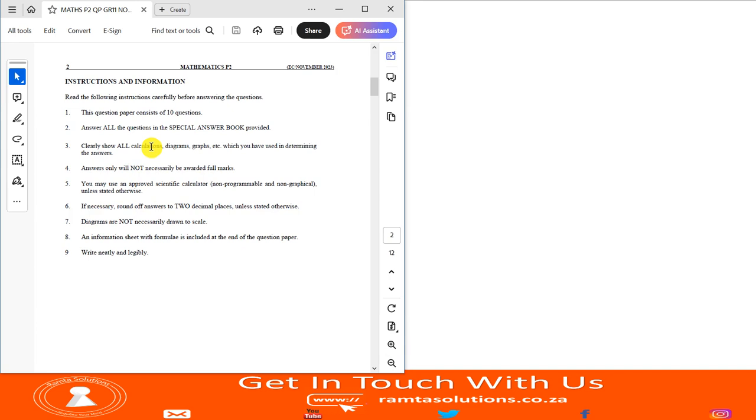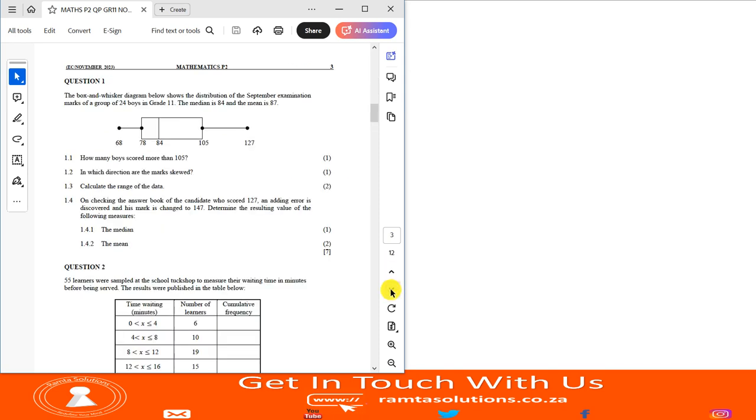This means that some yes, some no, so try to give a reason, or try to reach your answer having shown how you reached it. Don't just write your answer where possible. Okay, perfect, so let's get into it.